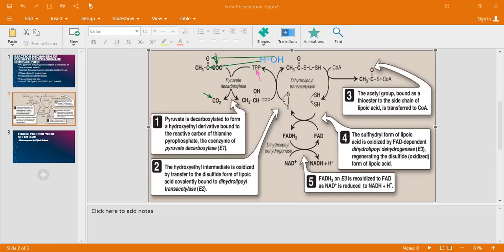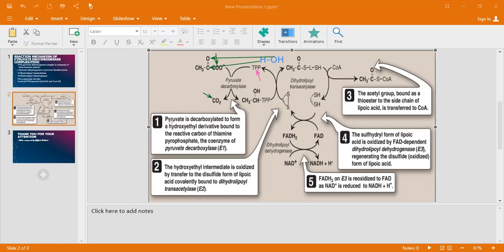Okay. I hope you have seen that. So we will form this, which I can call a hydroxyethyl derivative, a hydroxyethyl derivative which is linked to thiamine pyrophosphate.